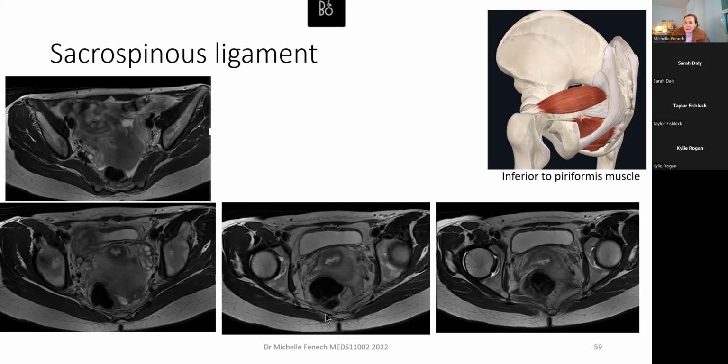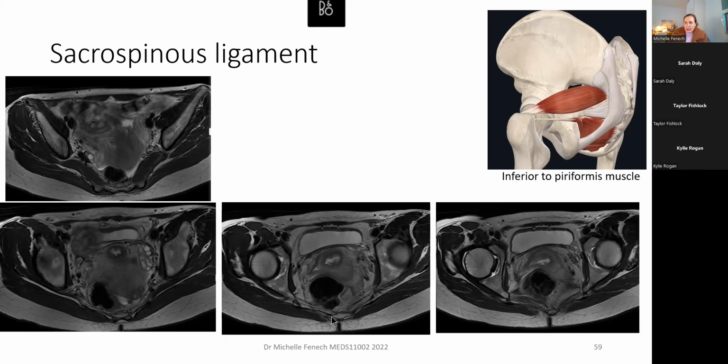The dark black line. Yep. Signal means there's some sort of brightness or grayness. Because it's completely black, there's no signal. So this would probably be our sacrospinous ligament.